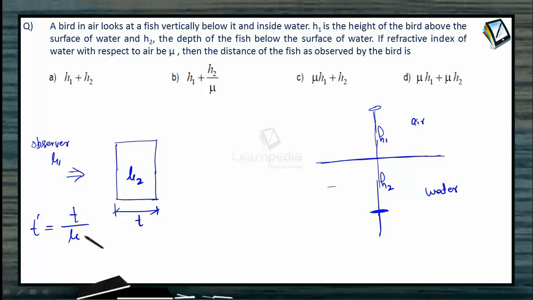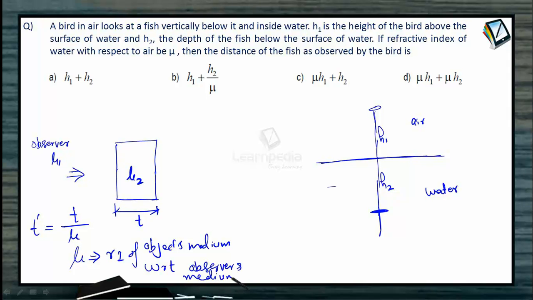But here what is mu? Mu is refractive index of object's medium with respect to observer's medium. Okay, with respect to observer's medium. So mu is this. So that is something that you have to remember.